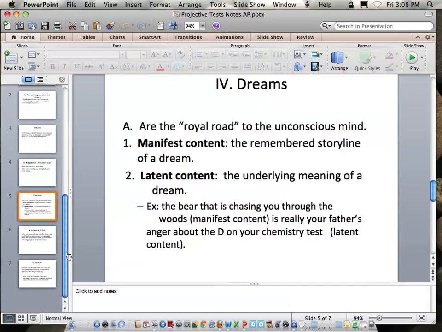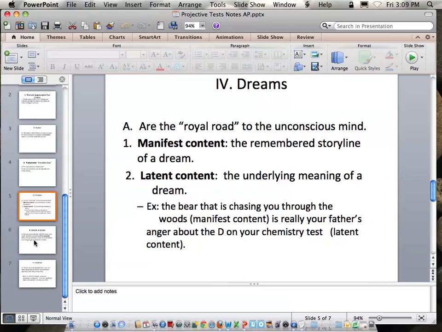Falling is another really common dream, when you dream that you're falling and you wake up right before you hit the ground. Those are all very common dreams. And if you go downstairs and ask Miss Veggie to look at her books, they could tell you what those types of dreams mean. And those are generally accepted in the psychoanalytic psychology community as having generally accepted latent content for each of those types of dreams. So there are lots of books about dream analysis.